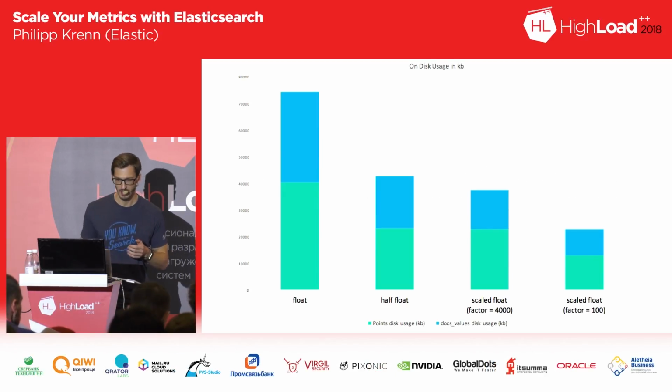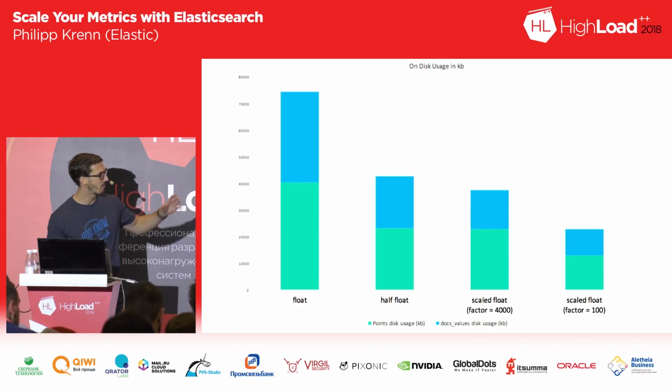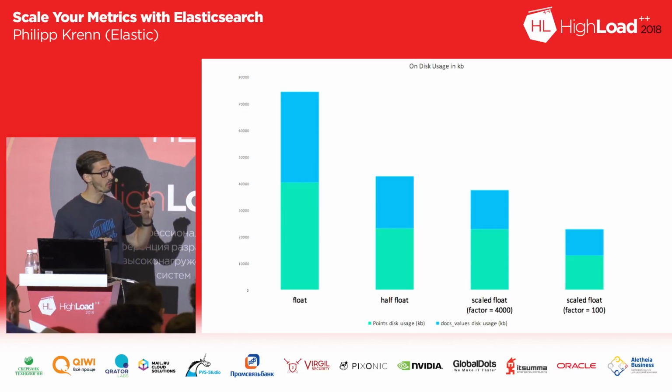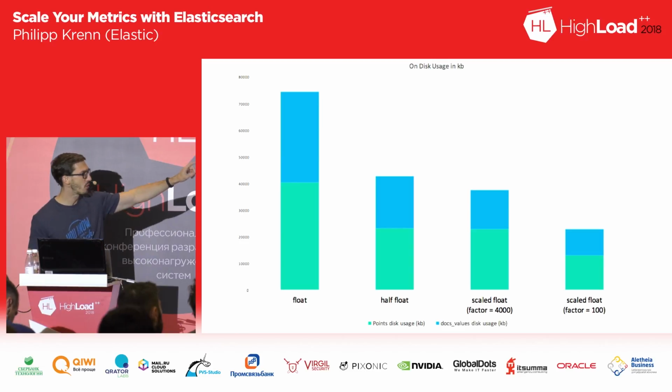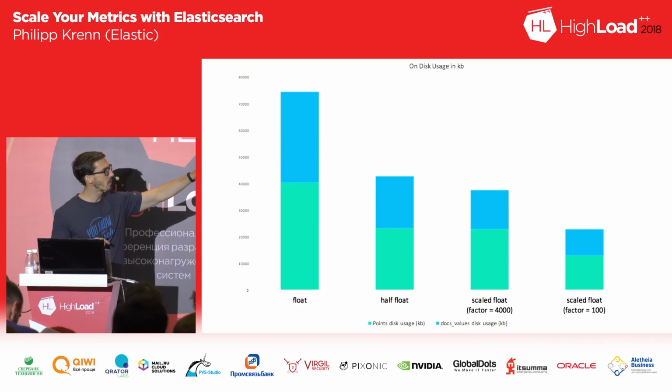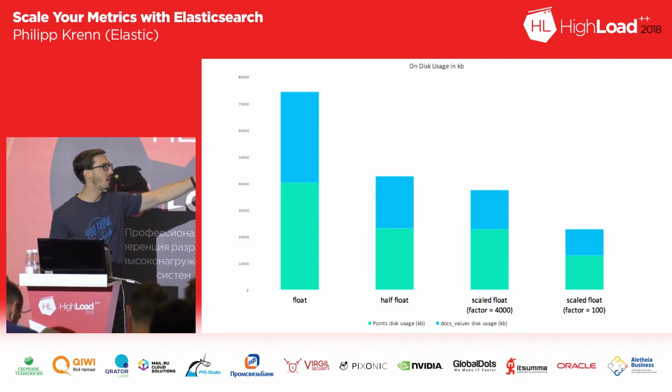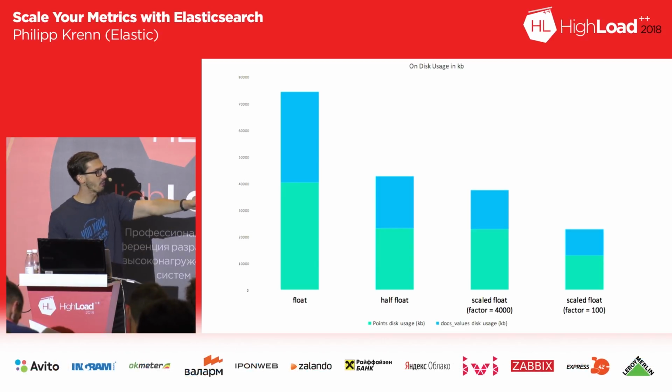Here we have taken, I think, 10 million random float values that we inserted, and you can see disk usage and memory usage for the heap. We've combined those. For float it's approximately whatever, half floats is approximately half, and then scaled floats go down further.